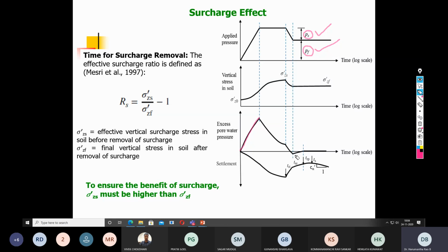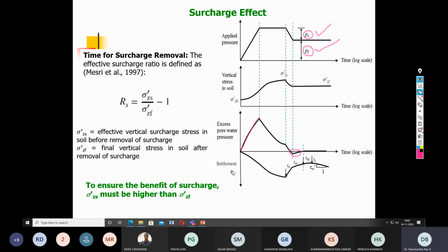Initially it is positive, then it goes negative, and upon construction of the superstructure, it rebounds again. You can see there is a small rebound in the excess pore water pressure. However, it is negligible, and it never reaches the initial excess pore water pressure. That means the consolidation has fully occurred within this soil mass.